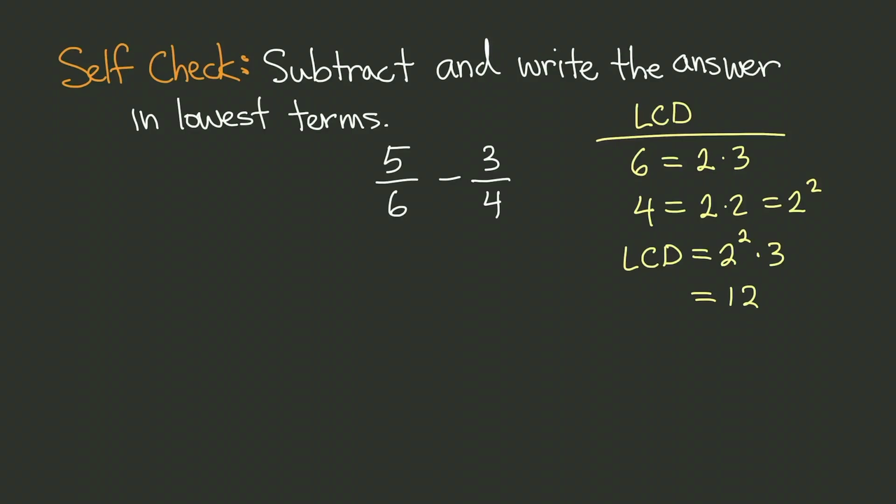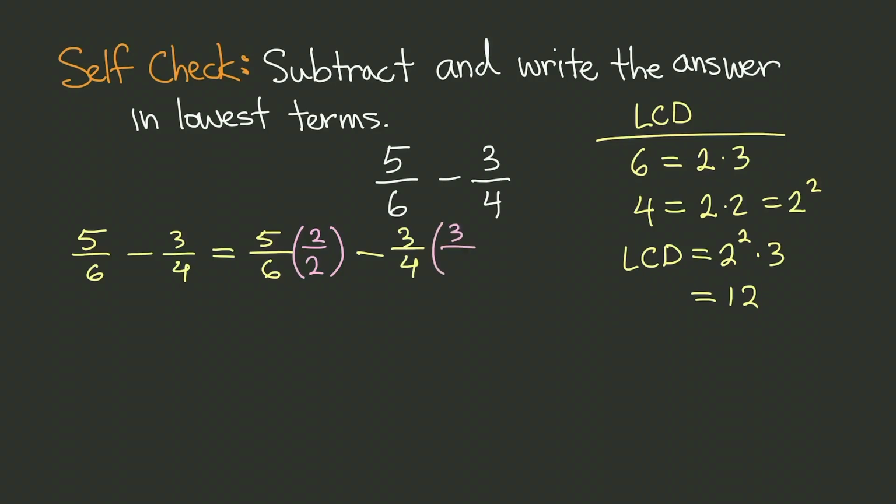Okay, so now I need to take my fractions, 5/6 and 3/4, and I'm going to rewrite those with a denominator of 12. So to do that in the first case, I need to multiply by 2, so I'll do that on the top as well. And to do that in the second case, so for 3/4, I need to multiply by 3, so I'll do that in the top as well.